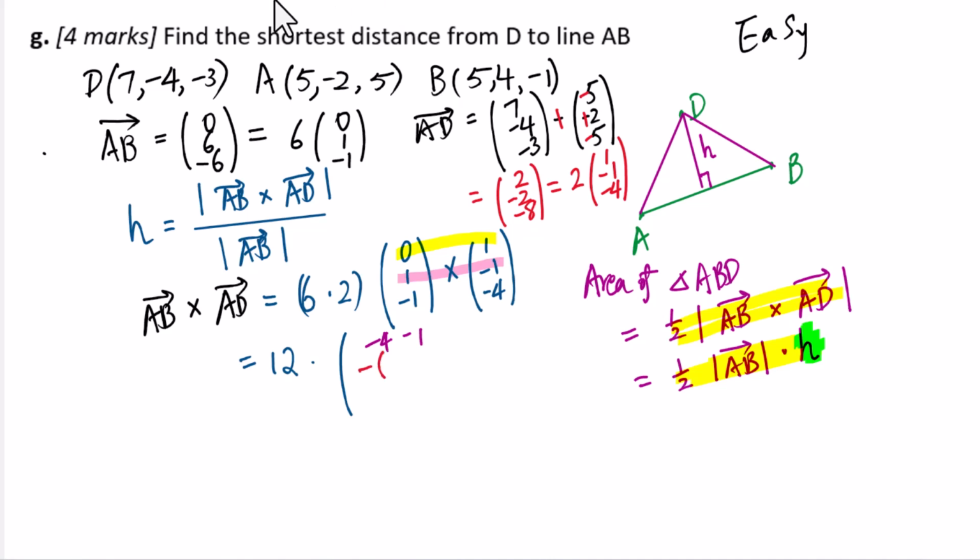Put the negative sign. 0 times -4 is 0 minus -1 times 1 is -1. Cover the third row. 0 times -1 is 0 minus 1 times 1 is 1. So we get 12 times -5, negative is a positive, -1, -1.